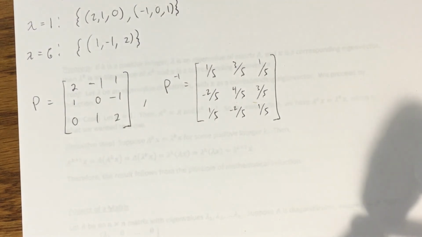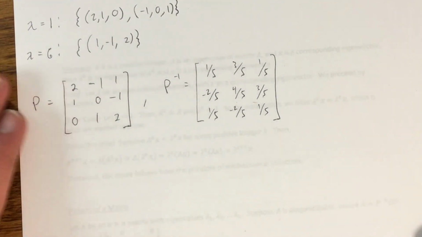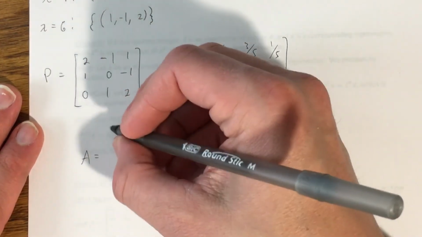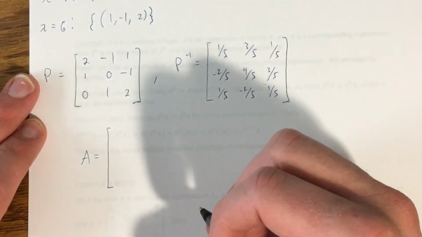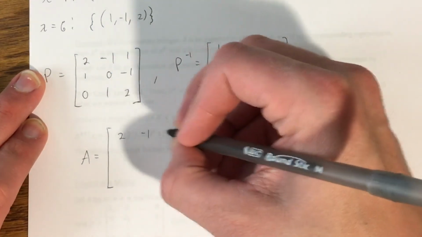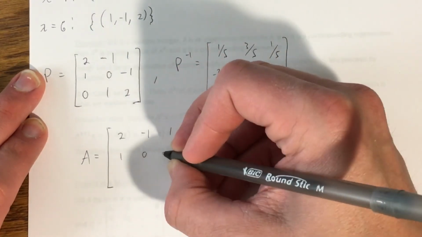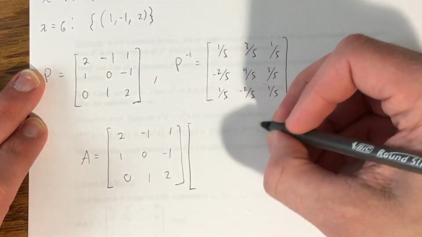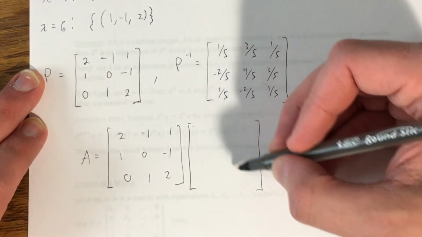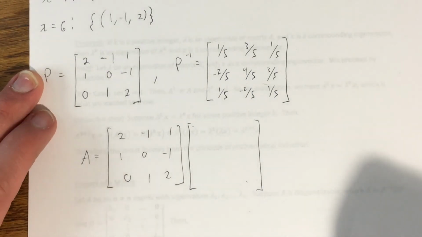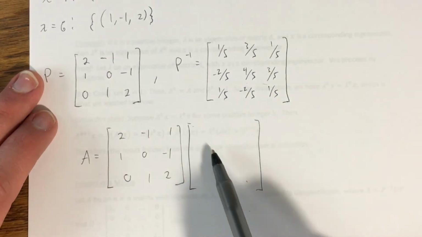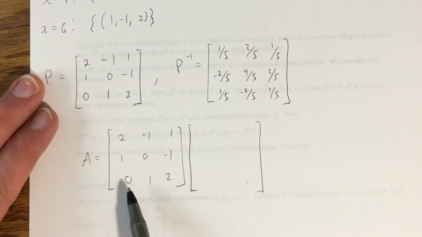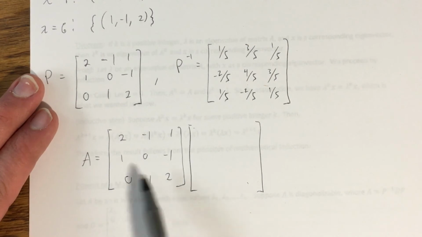Which means if I wanted to represent A in a way that shows that it's diagonalizable, A is going to equal P, which is 2, negative 1, 1, 1, 0, negative 1, 0, 1, 2. The diagonal matrix here is going to have my eigenvalues as its diagonal entries, but you have to make sure you're getting the order correct. The way that you know the order comes down to the order that you put the columns in.